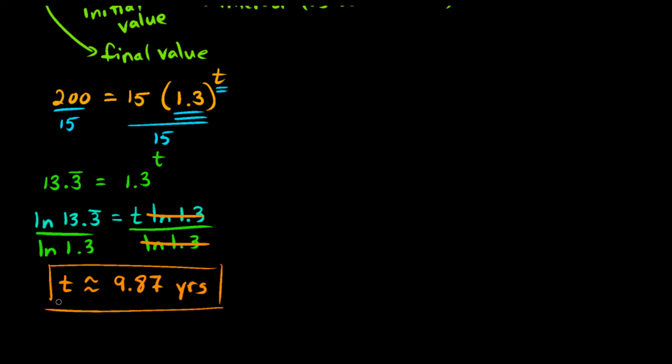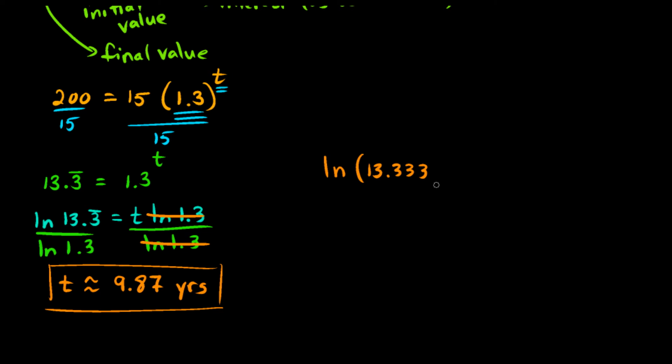You can do this on your calculator. Just one thing that you want to make sure to watch out for is that on the calculator, when you hit ln, it immediately does ln open parentheses. Now if you type in 13.3, you need to close off that parentheses before you hit the division sign.